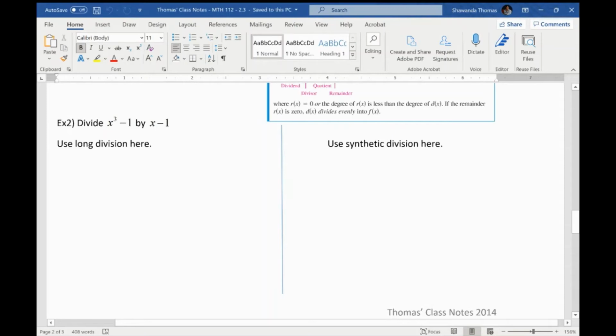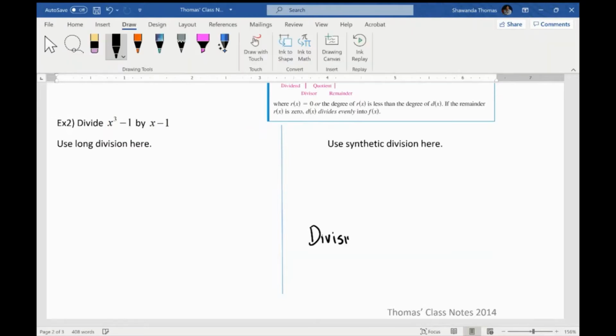All right. So the division algorithm looks like this: f of x equals d of x times q of x plus r. You may be asked to write x cubed minus 1.